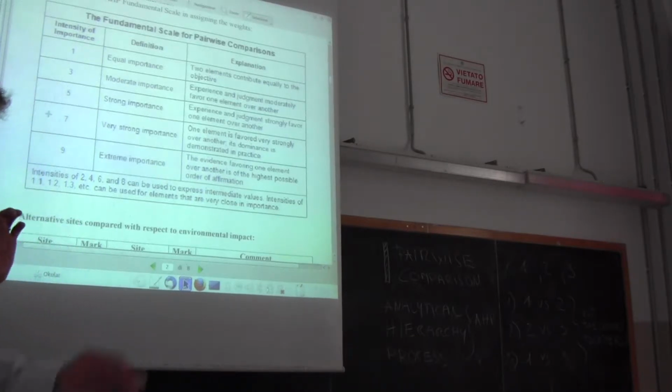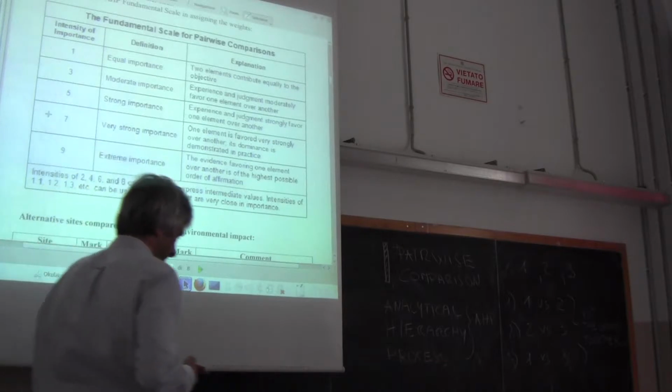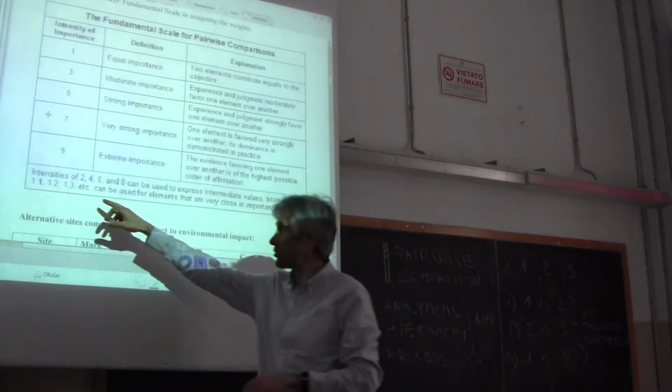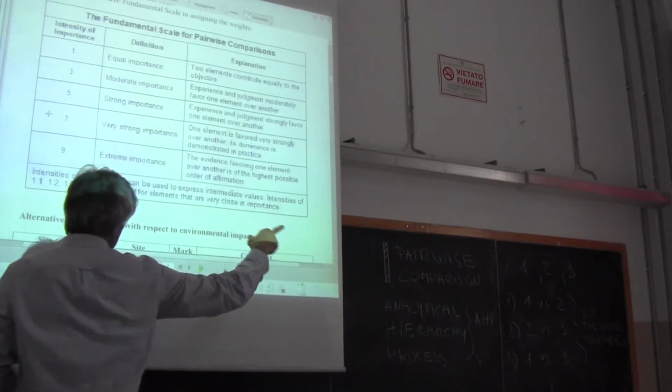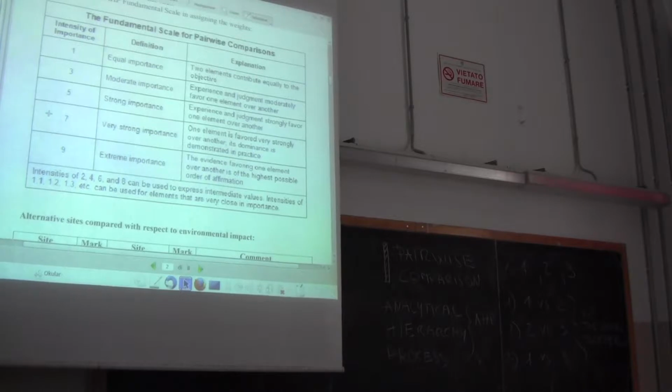So you can already recognize an attempt to convert a preference into numerical value by using this agreement. And here you can see that intensities of 2, 4, 6, and 8 can be used, and also you can use decimals if you wish.